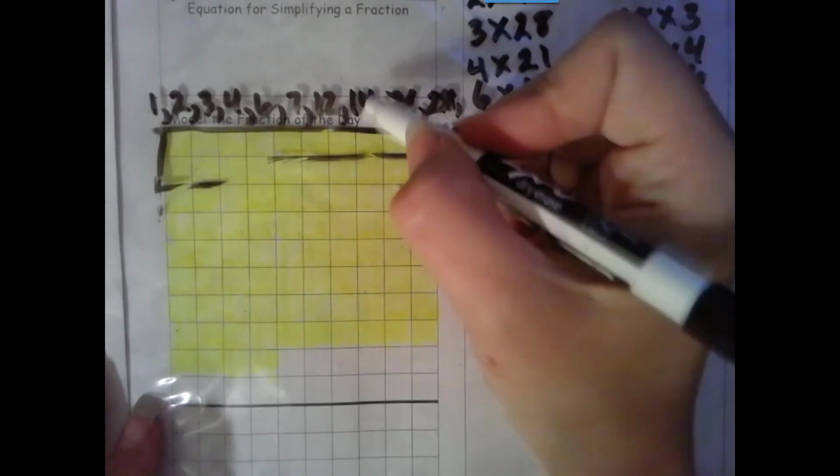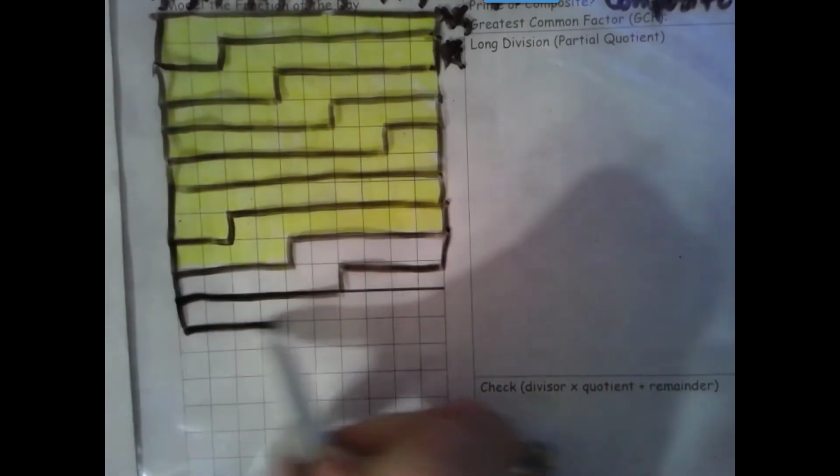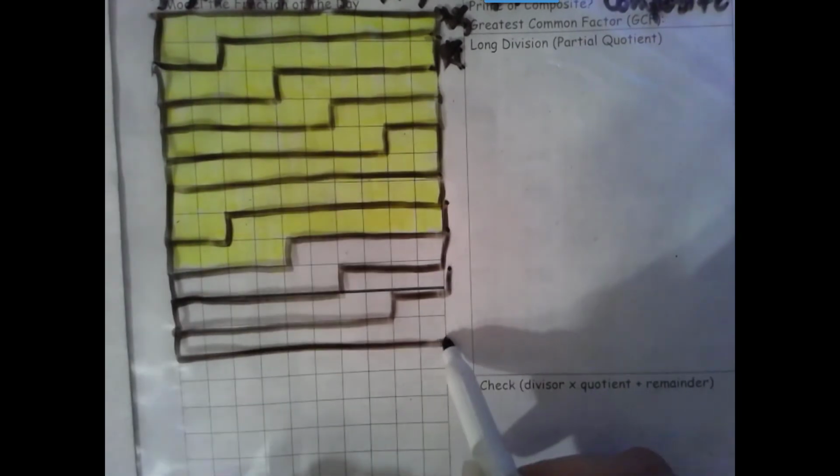So let's try 12. Alright, 6 plus 6, 4 plus 8, 2 plus 10, 10 plus 2, 8 plus 4, 6 plus 6, 4 plus 8, 2 plus 10.